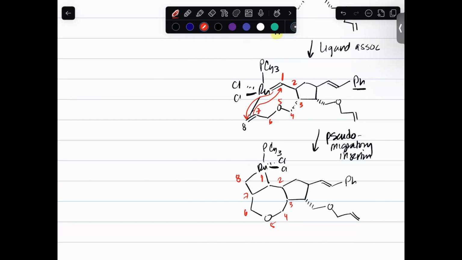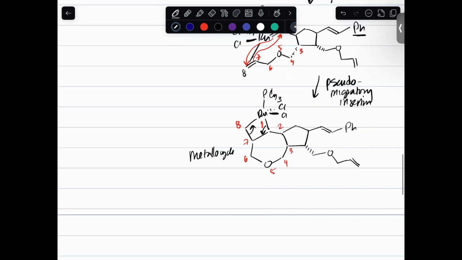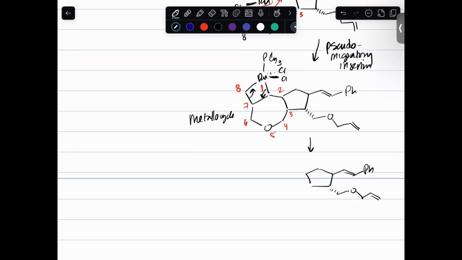And so I formed my seven-membered ring with my ruthenium metallocycle. And so you can start seeing how it's looking like your product, right? It collapses. And now I formed the double bond in my seven-membered ring, which is present in my product. And there's the left side of my molecule.